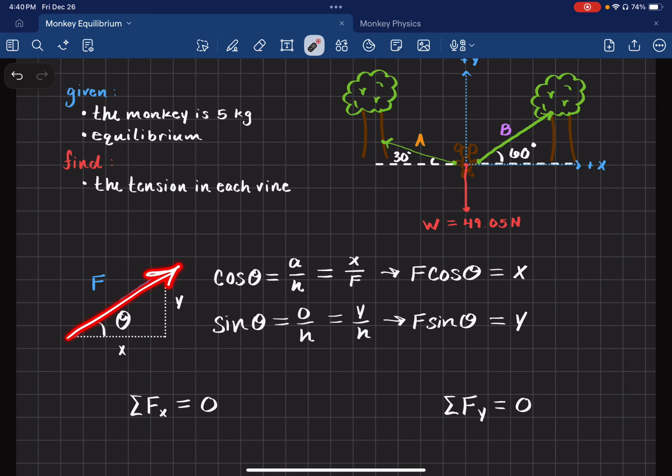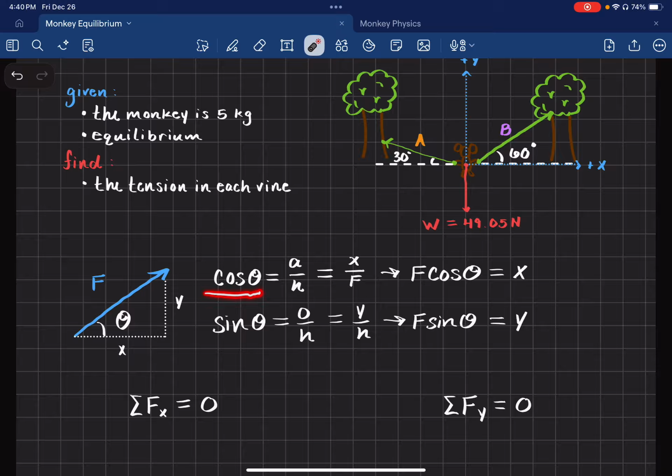If there's a force at an angle, just like this, you would use trigonometry to find the x component and the y component. The x component is the part of the force that runs along the x-axis, and the y component is the part of the force that is on the y-axis. So you can do the trigonometry.